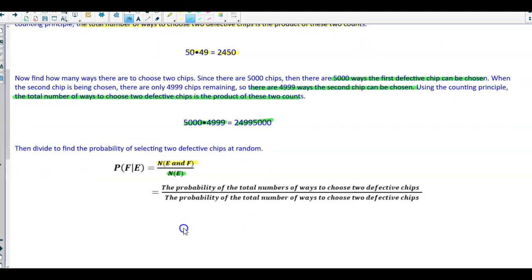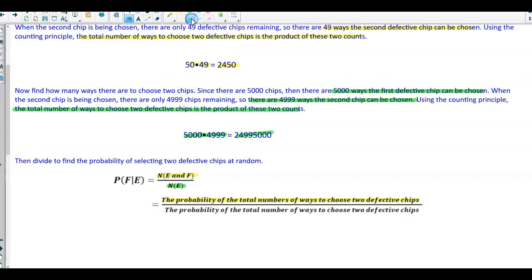So again, looking at this, we can see what this says in words.